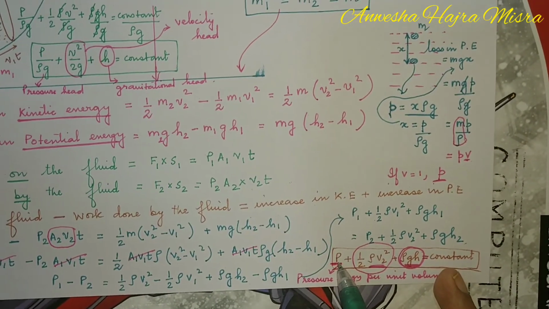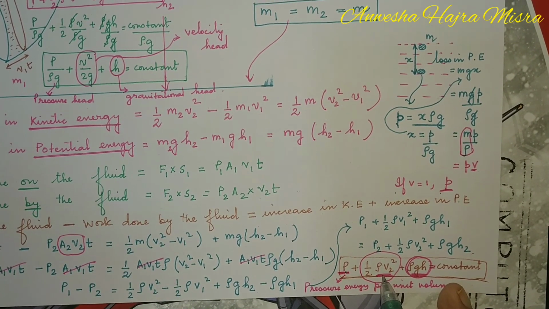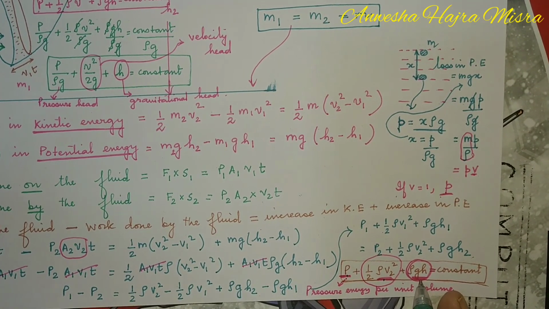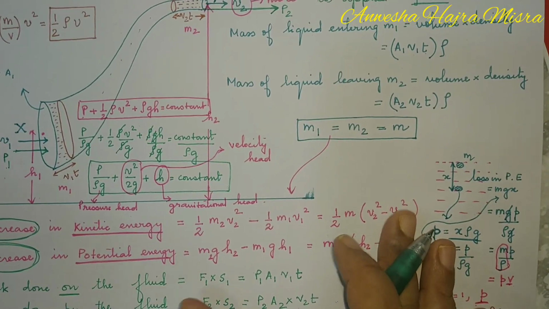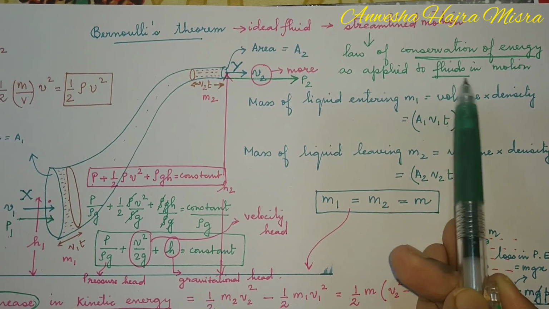Pressure energy per unit volume, kinetic energy per unit volume, and potential energy per unit volume will remain constant. It's actually a law of conservation of energy applied to fluids which are moving.